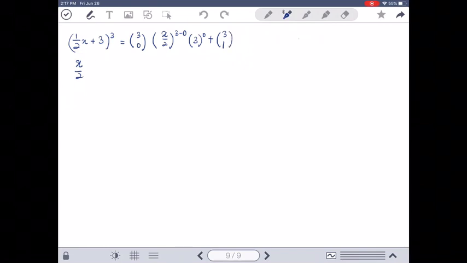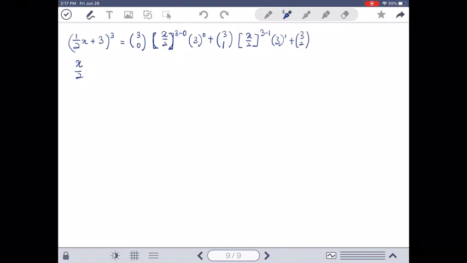3C1. Let me use brackets to differentiate from the other symbol. So (x over 2) to the power of 3 minus 1, 3 to the power of 1, plus 3C2 (x over 2) to the power of 3 minus 2, 3 to the power of 2, plus the last term 3C3.